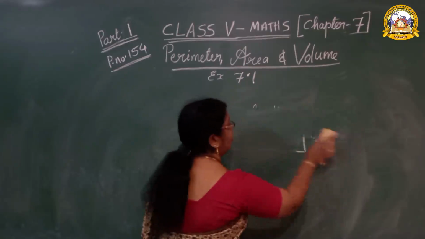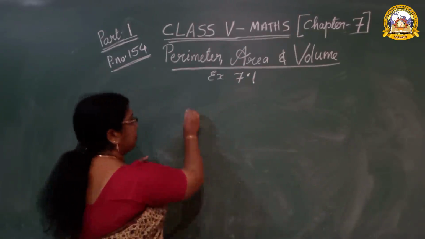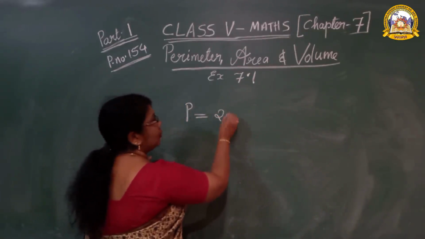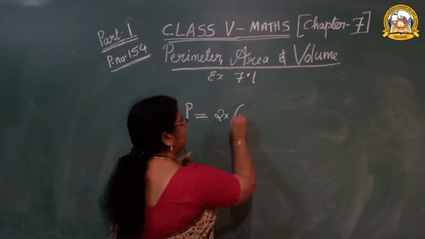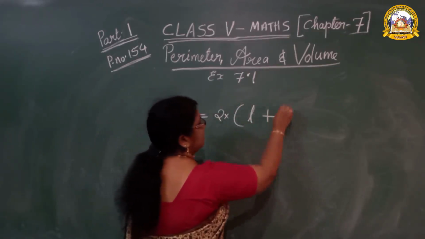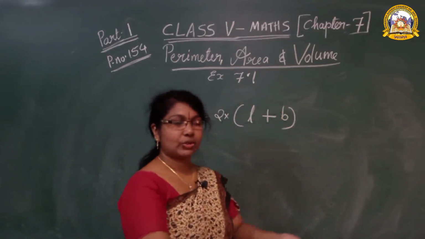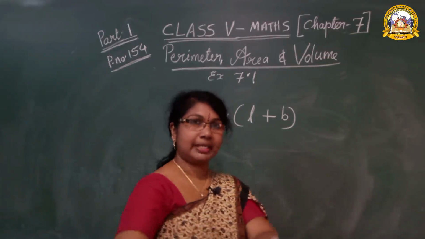So, perimeter of rectangle. What's the formula? P means perimeter. Perimeter of rectangle is 2 multiplied by (length plus breadth). Perimeter of rectangle, what is the formula students? 2 multiplied by (length plus breadth).